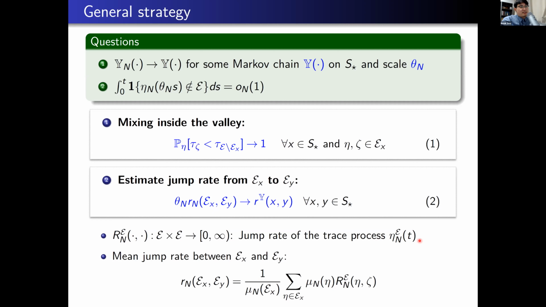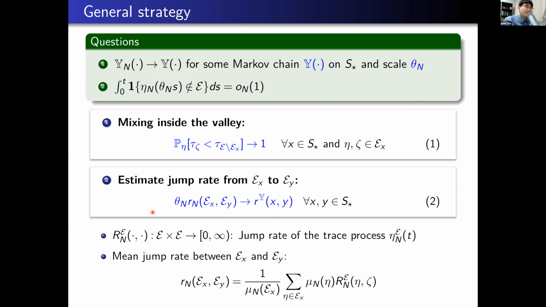The trace process is another Markov process, so you can define the jump rate, and you can average the jump rate. So this is the average jump rate from the set E_x to the set E_y. If this conclusion here is correct, this mean jump rate will be multiplied by theta n because you sped up the process by theta n. So you multiply this mean jump rate by theta n. This should converge to the rate of this limiting Markov chain. This should be true in the end.